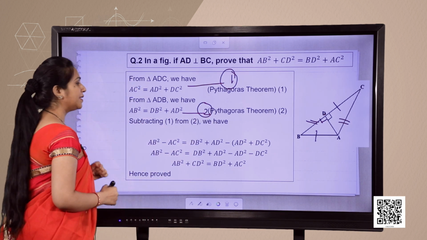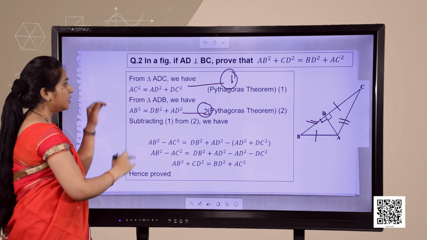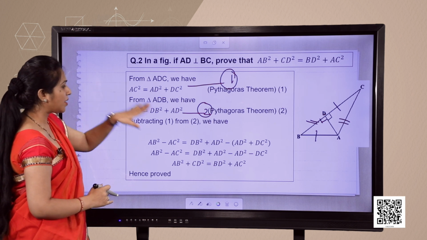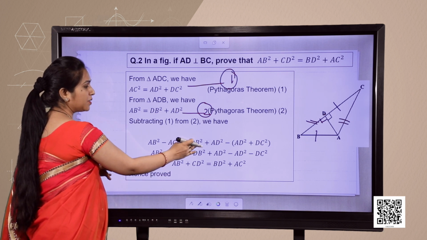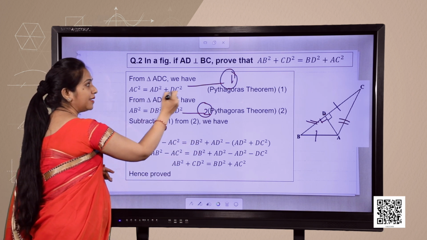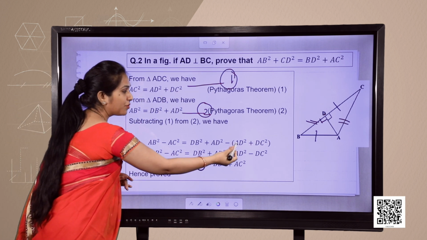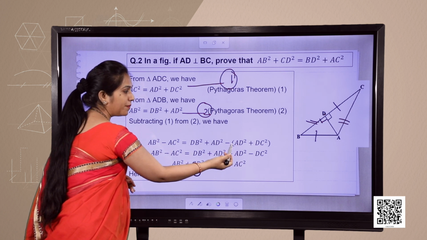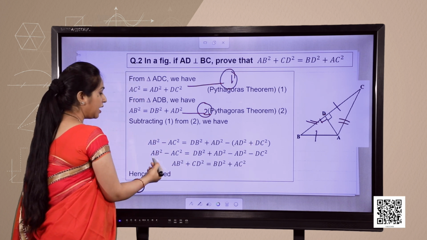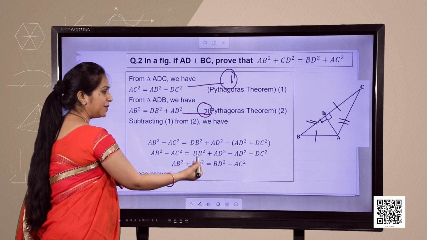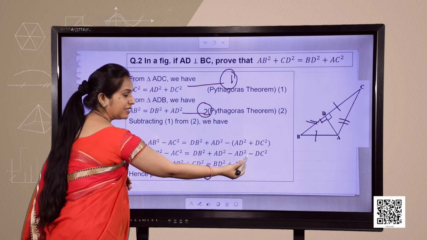Now what we have to do in the next step, we are going to subtract equation number 1 from equation number 2, right. So we will have AB square minus AC square is equal to, carefully subtract the right side as well, you have DB square plus AD square minus, and when you are subtracting, remember you have to change the sign of the whole bracket. So when you open the bracket, the sign of AD square and DC square get changed. Now this becomes negative AD square, and this is also negative DC square.